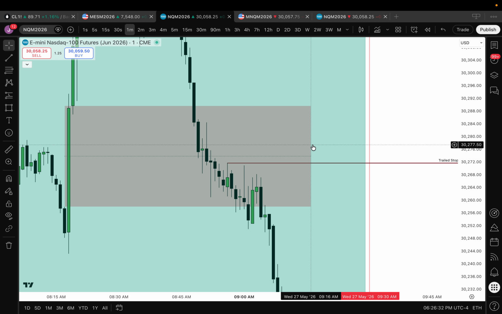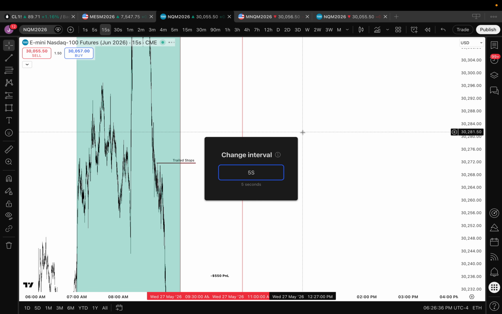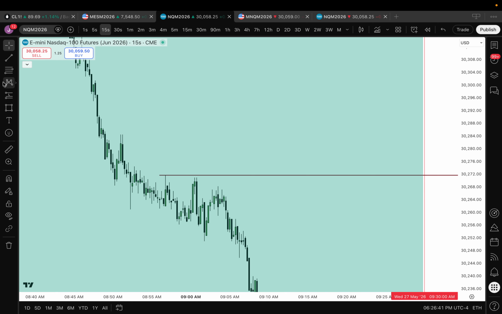I would have to choose essentially the confluence that I wanted price to reverse off of. And here I'd probably choose this order block or that fair value gap.